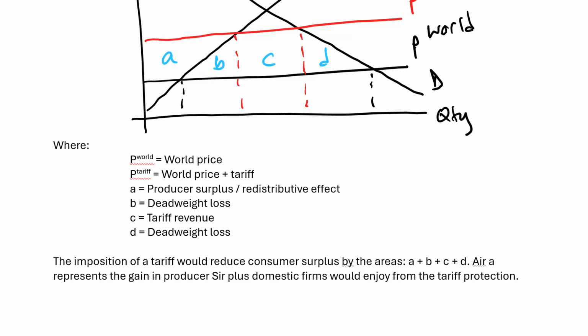Area C represents the tax revenue that is collected by the government. Areas B and D represent a deadweight loss to society.